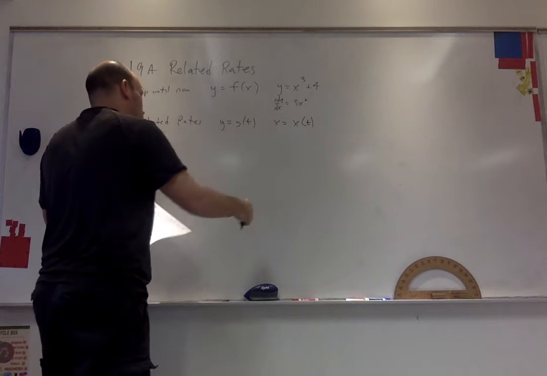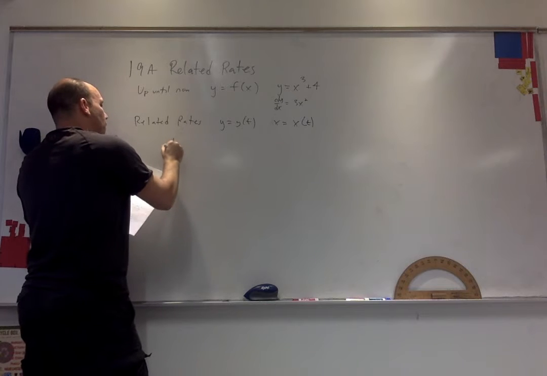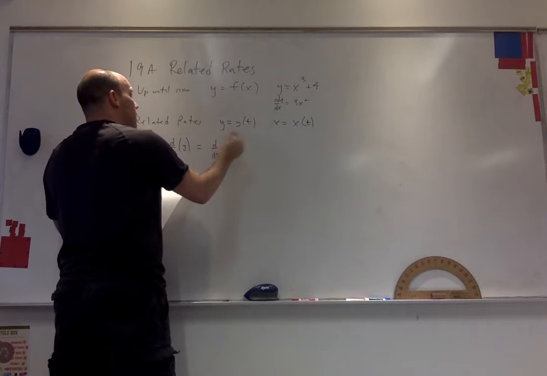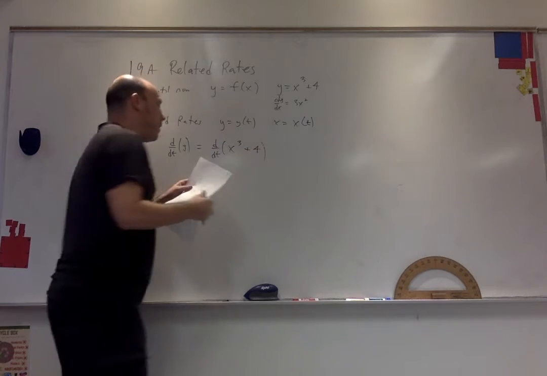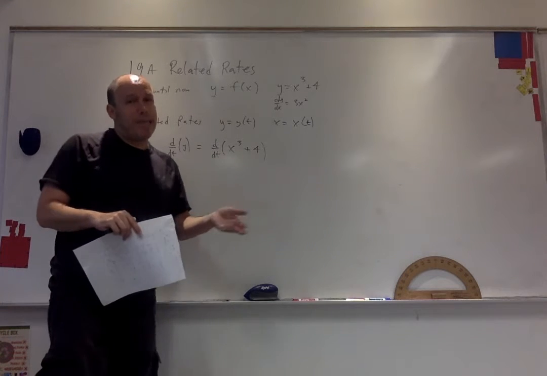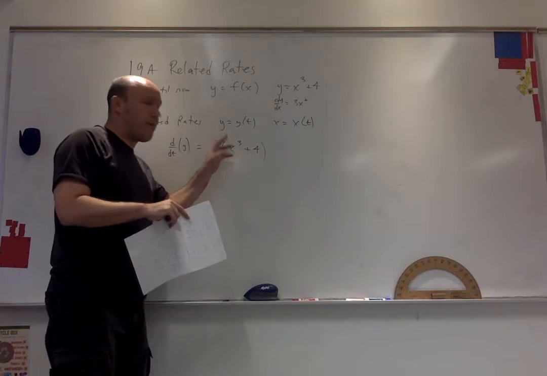So if I ask you to find the derivative, the idea is we have d/dt of y. Our variables are both functions of t, and it's like going back to implicit differentiation. We're not really sure what the function is, but we're going to take the derivative.